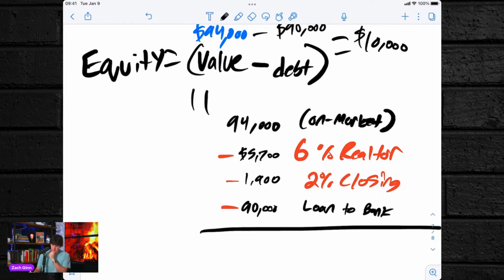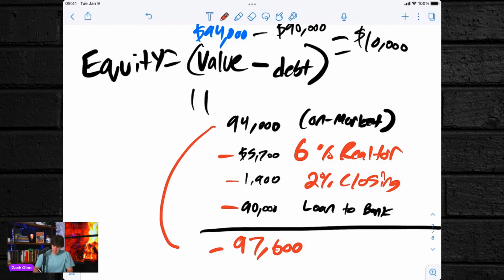Now, if I add that in, things aren't looking too good here because you had 90K on that. That means you are in a negative balance, minus 94, right? So that is $97,000 going to be owed.